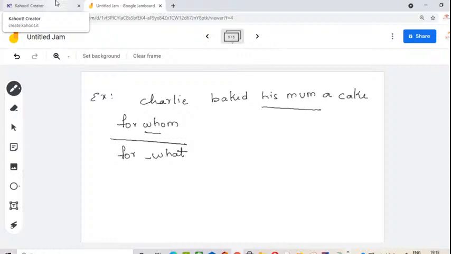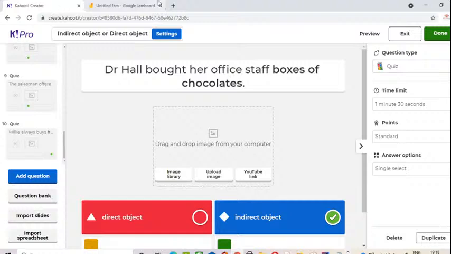So now I'll be sharing my screen with the Kahoot game pin so that you can enter the game. One second, guys.